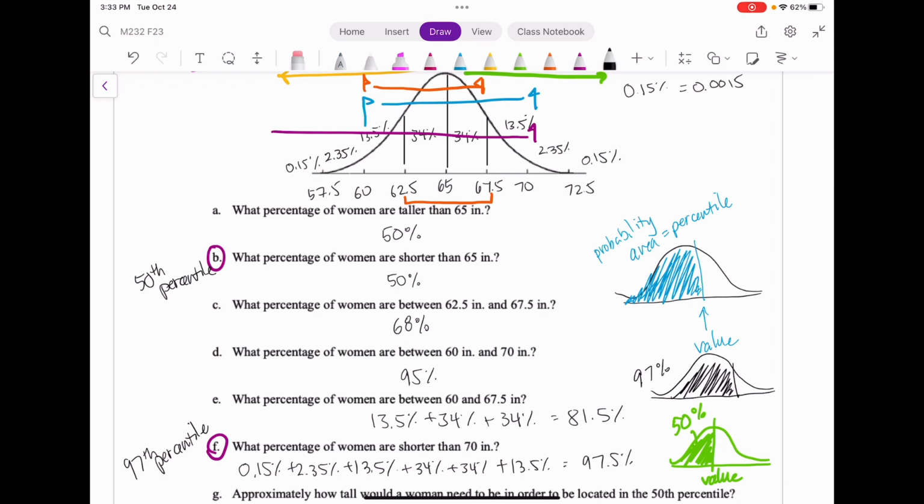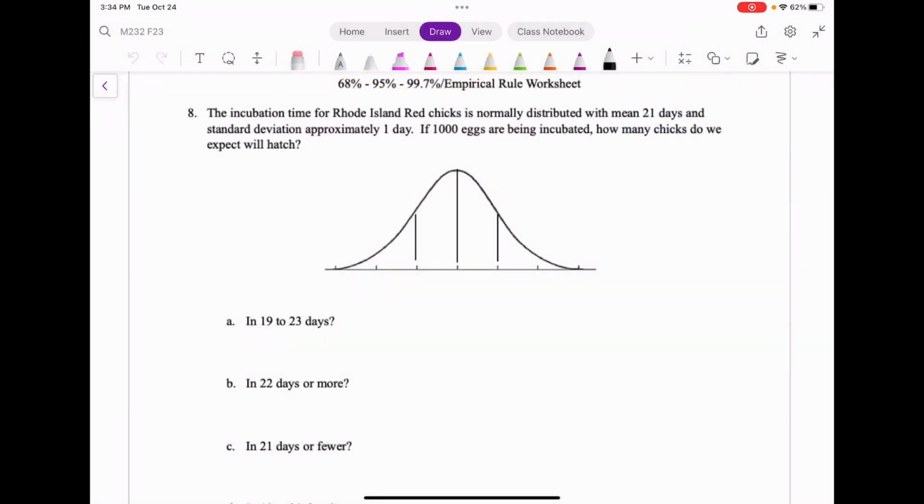Last question, we're asked to actually calculate a number of chicks, not just a percentage. I'm going to fill in my percents as I do. 34%, 13.5%, 2.35%, 0.15%.